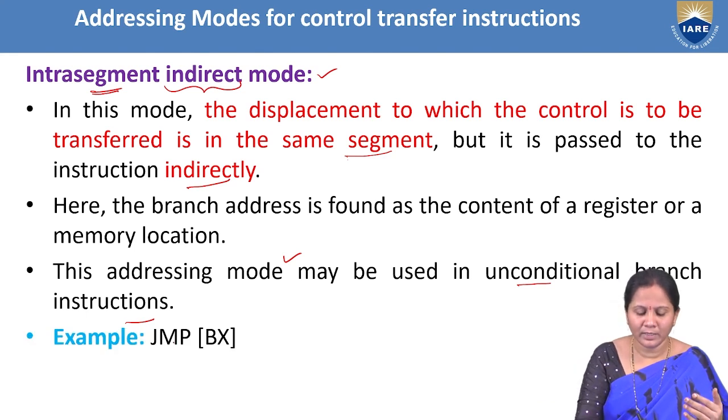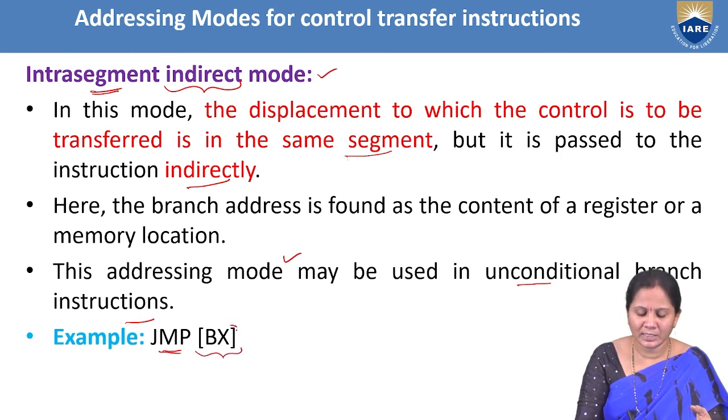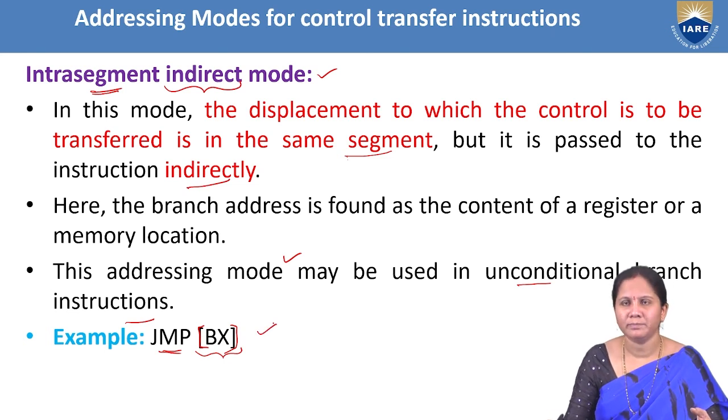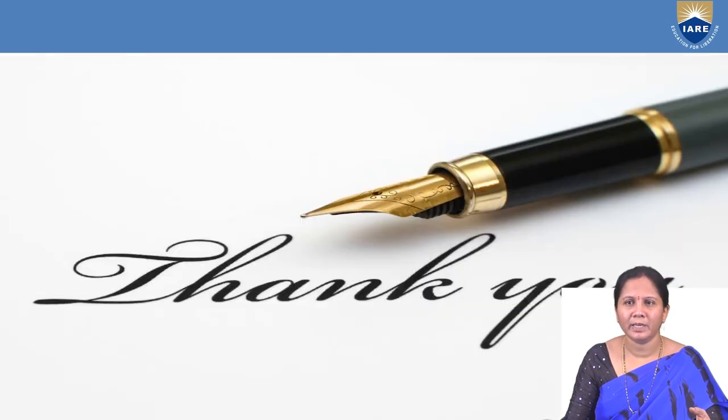That is why here simply JMP is used, and the address to where the control has to move within the segment will be specified indirectly with the help of this BX register. So this comes under intrasegment indirect mode. Here the effective address will be stored in BX.